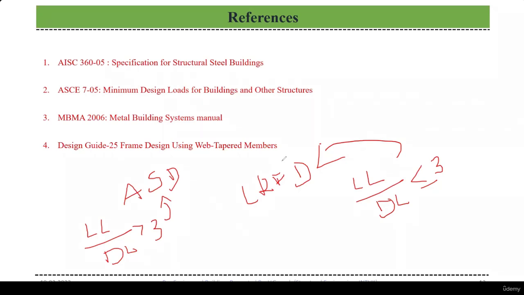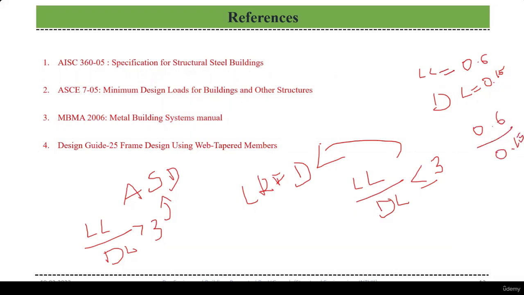Generally live load will be 0.5 to 1 on average. If you take 0.6 for live load and the dead load is 0.15, then the live load to dead load ratio is 0.6 by 0.15.